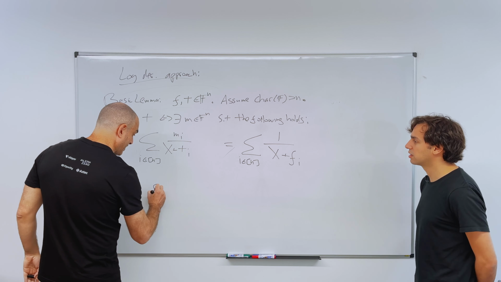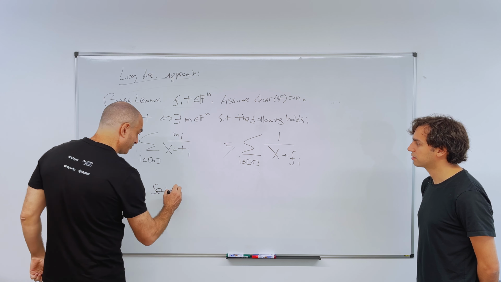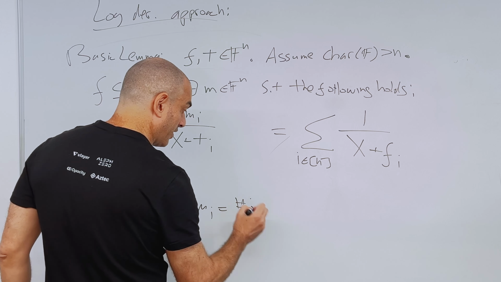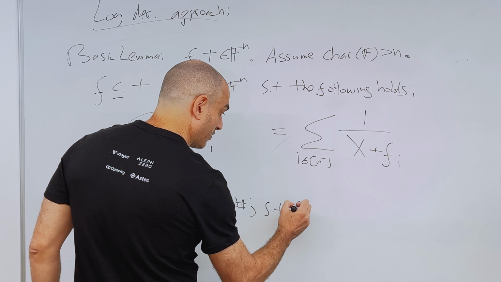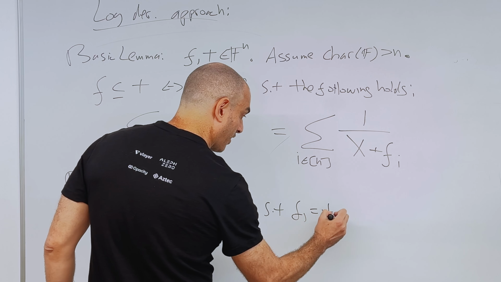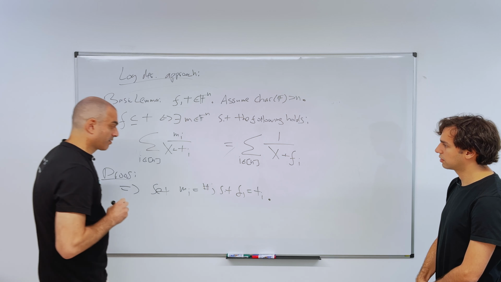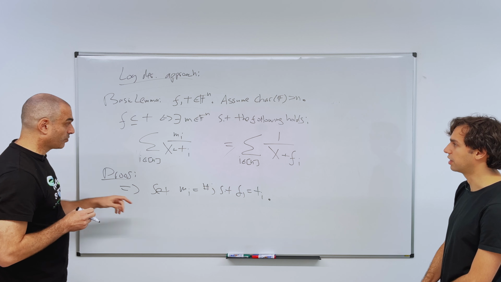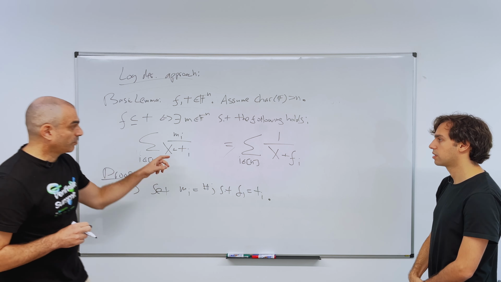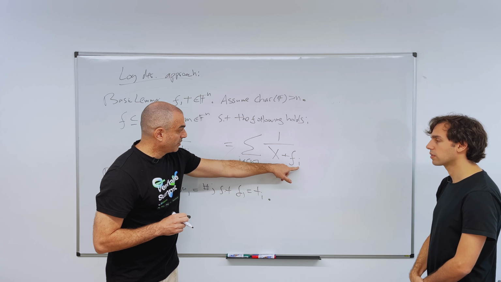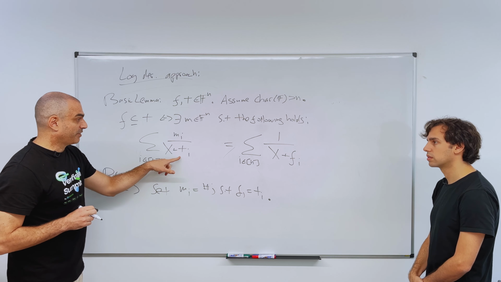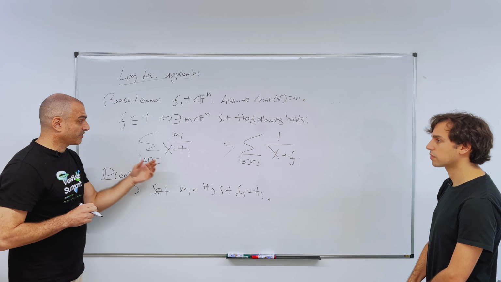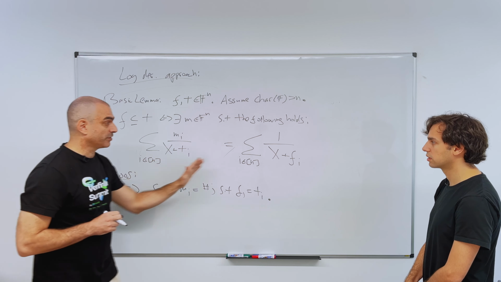We simply need to set mi to be the number of j such that fj is equal to ti. Okay, so it's the number of repetitions of an element of f appearing in T. Exactly. Cool. So if for every index, fi is an element of T, and we just set these mi's to be the number of repetitions, then obviously we will have this equality.